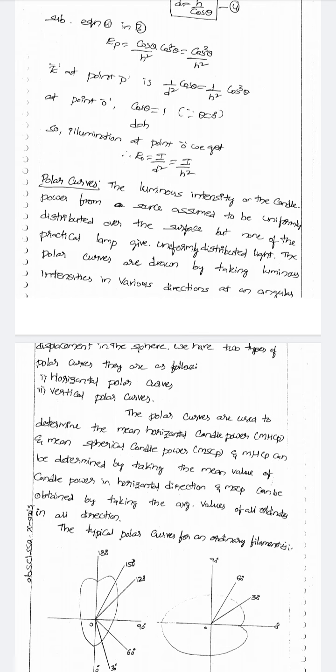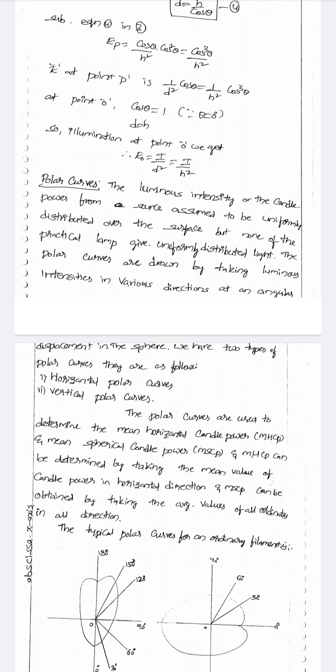Given polar curves, the luminous intensity in candle power from a source is assumed to be uniformly distributed over the surface, but no practical lamp gives uniformly distributed light.